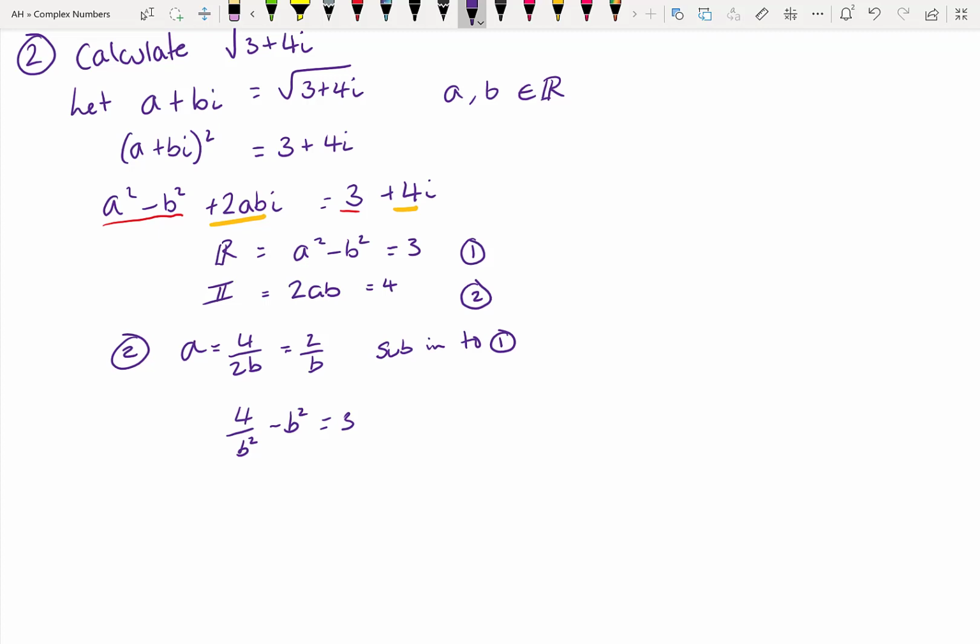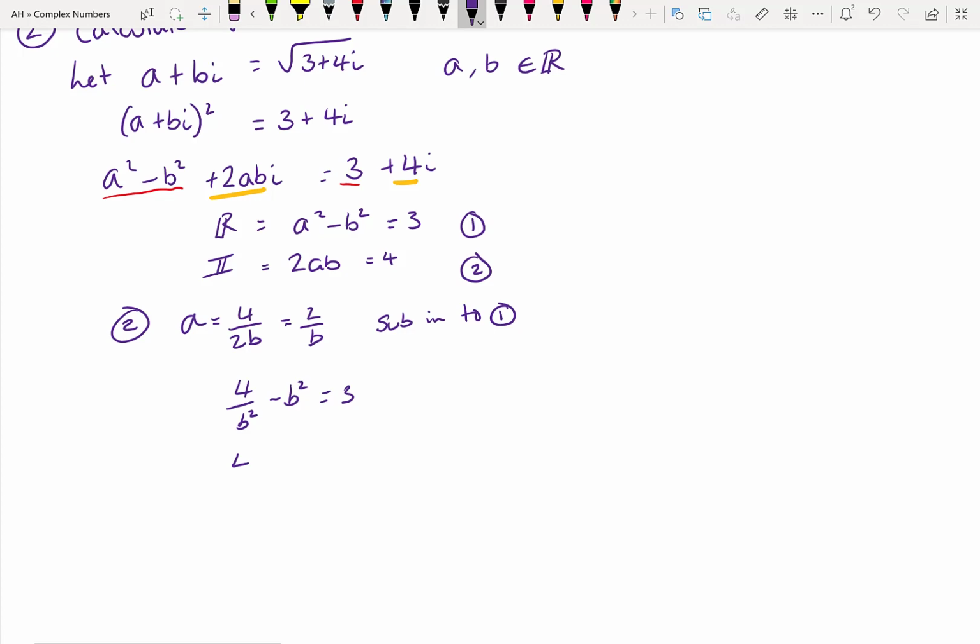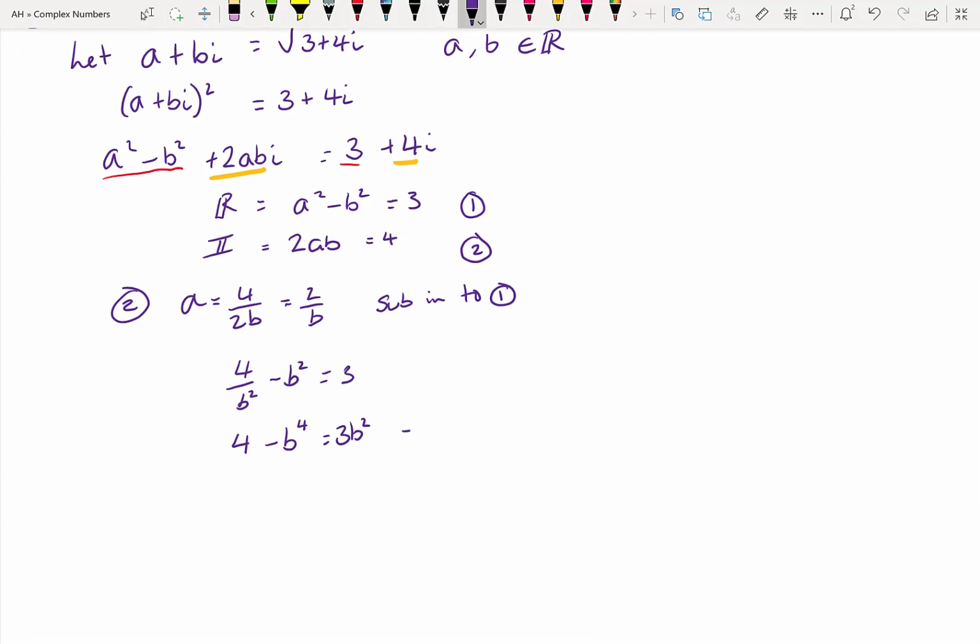If I multiply through by b squared, I'm going to get 4 minus b to the 4 equals 3b squared. And I'm going to take everything over onto the one side so that it's b to the 4 plus 3b squared minus 4 equals 0.